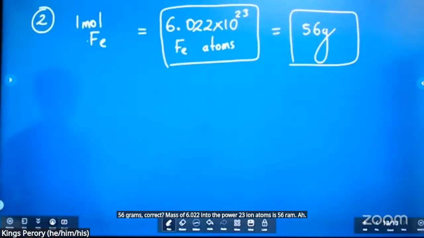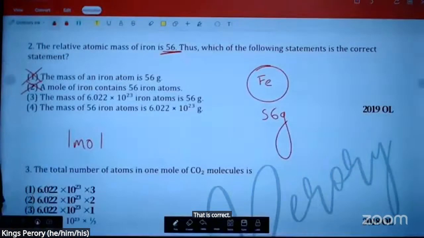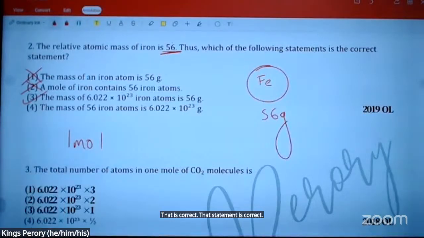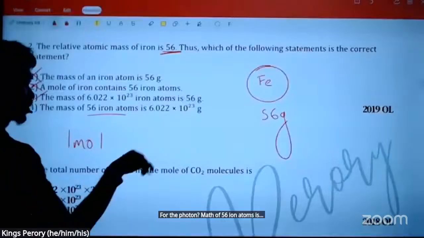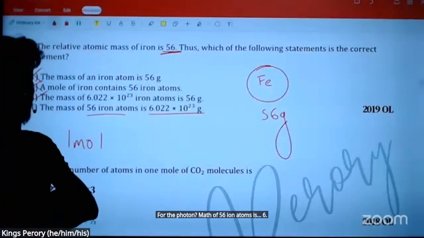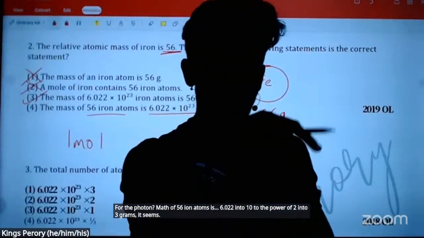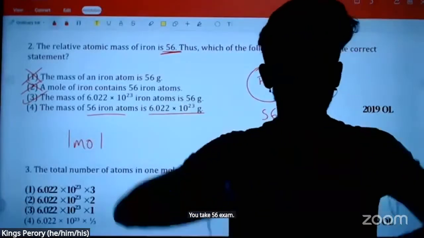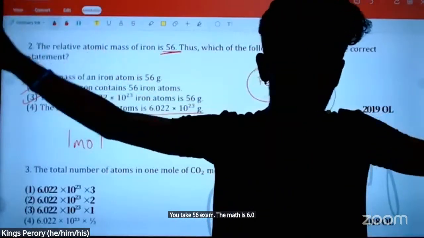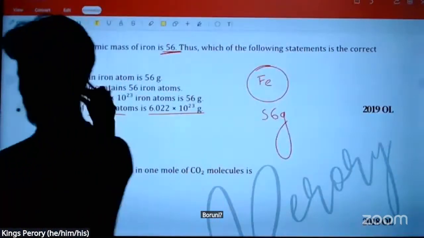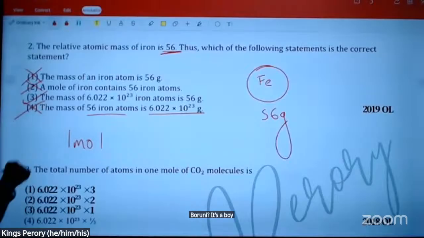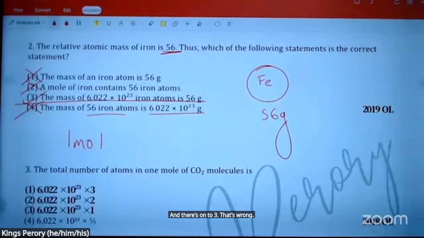That is correct. That statement is correct. Go to the fourth one. Mass of 56 iron atoms is 6.022 into 10 to the power 23 grams. You take 56 iron atoms, the mass is 6.022 into 10 to the power 23 grams, it seems. Wrong. Answer is answer 3.